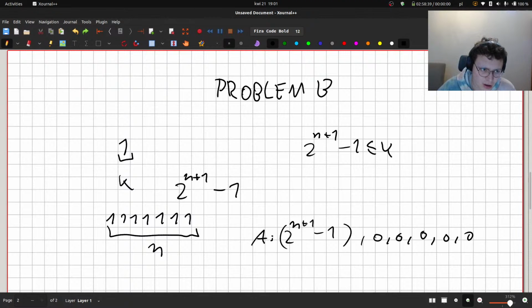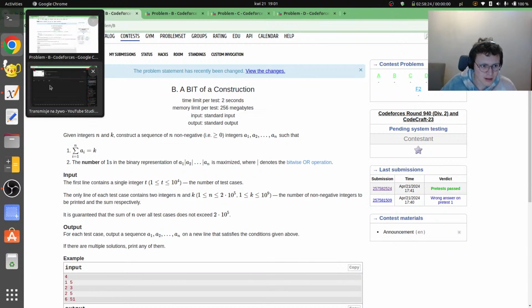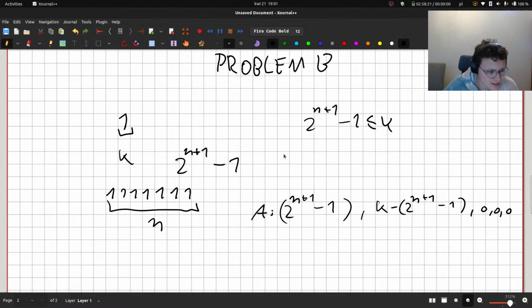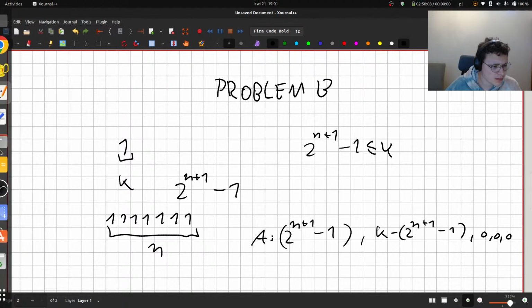It won't change the OR, but we also need to add as the second number k minus (2 to the power of n plus 1 minus 1). And now we know that our sum is equal to k. So do you see that this construction works? Okay. I think everyone understands.